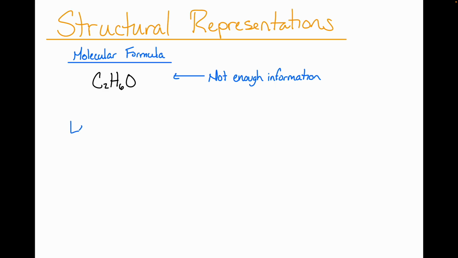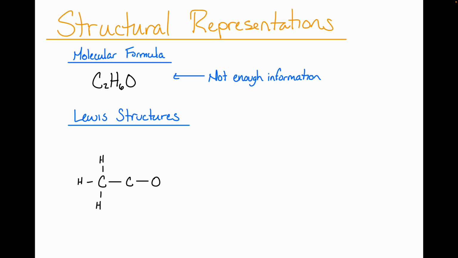All right, we also have our Lewis structures. That's what y'all were introduced to in general chemistry. That's what we've sort of been using up until this point. All right, so just a reminder, we had these 2 Lewis structures for this same molecule. One where what we call our backbone is carbon, carbon, and then oxygen.